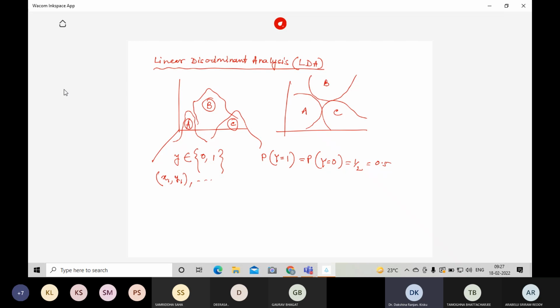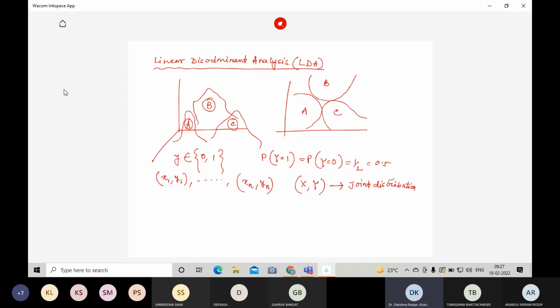We can write the independent draws as x1, y1, x2, y2, up to xn, yn. These are the independent draws derived from the joint distribution X, y.